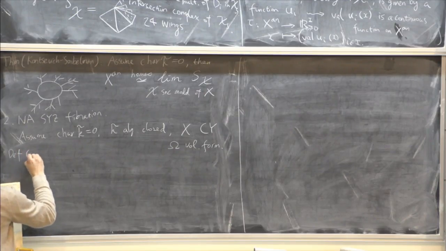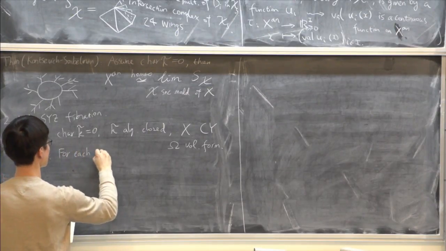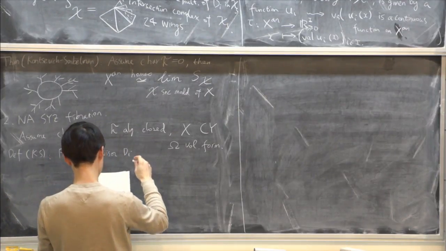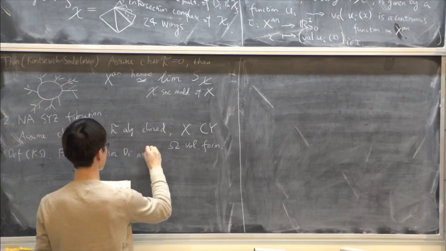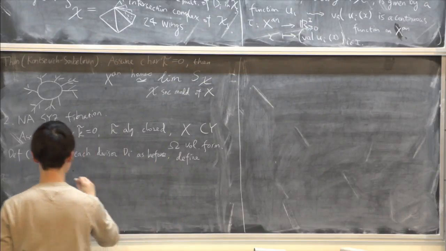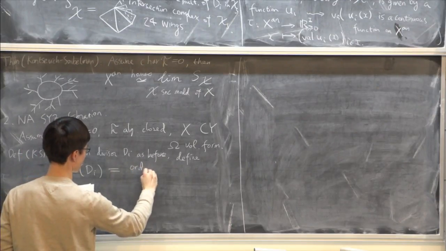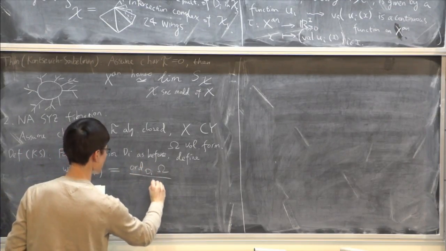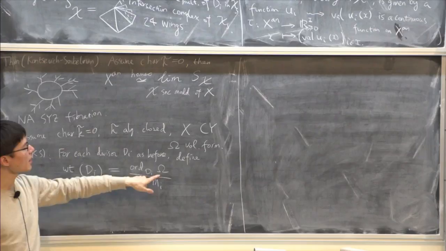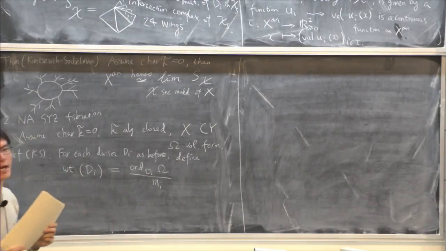The definition by Kontsevich and Soibelman is that for each divisor D_i, as above, we define the weight of D_i as follows: we compute the order of the volume form omega along the divisor D_i and divide by the multiplicity of the divisor D_i.